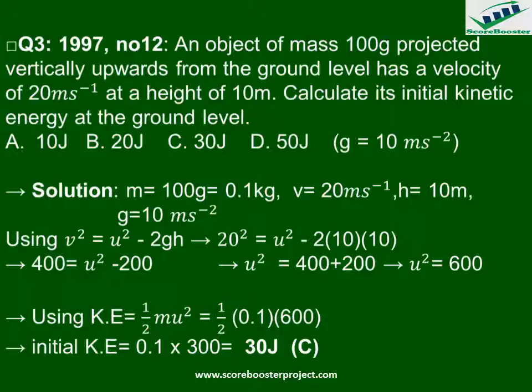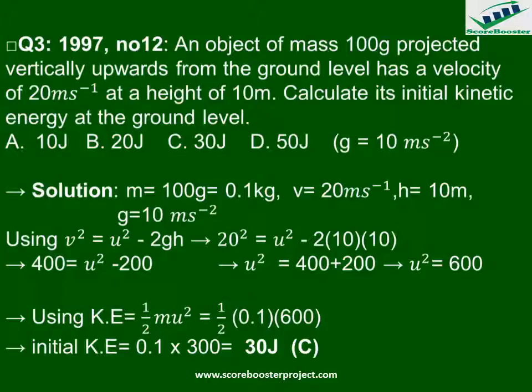Now on to the solution. The first thing is to write out the given parameters. From the question we are given mass m to be 100 grams. We need to convert this to kilograms by dividing it by 1000, and 100 divided by 1000 will be 0.1 kilogram.